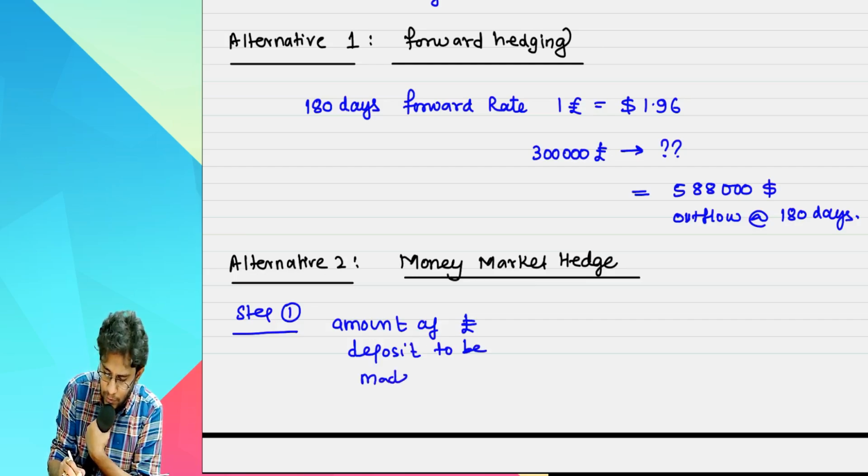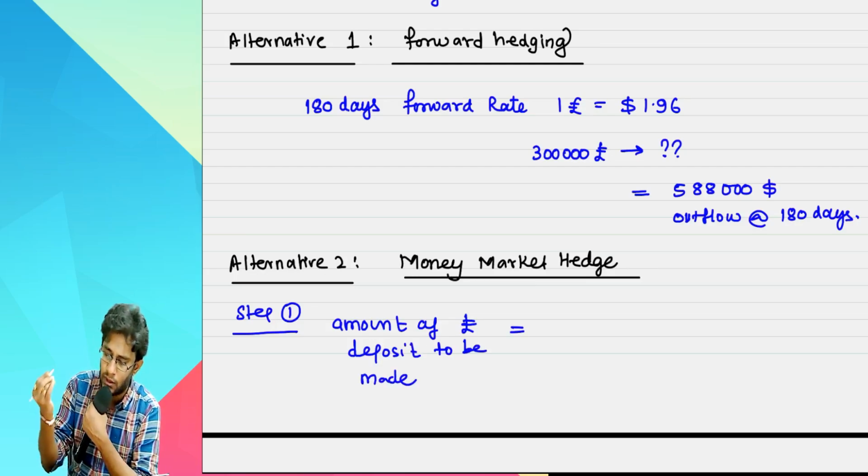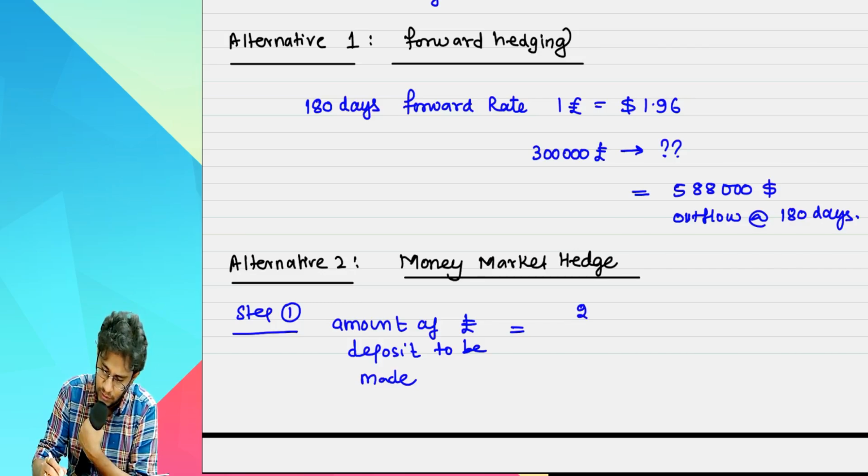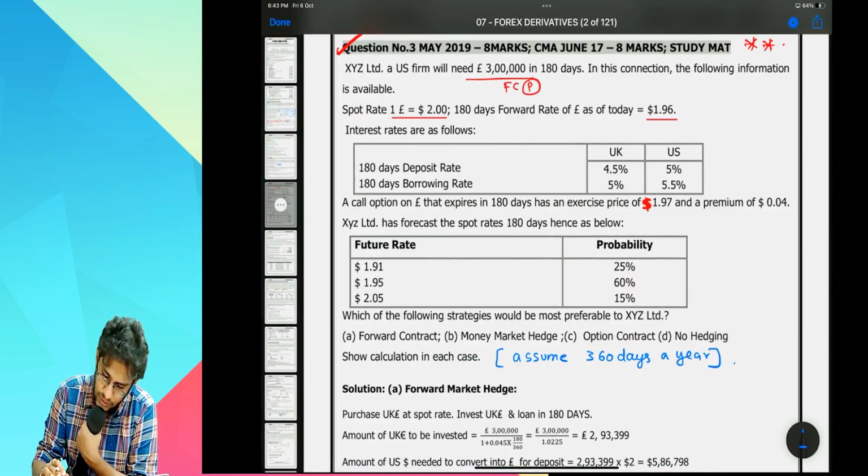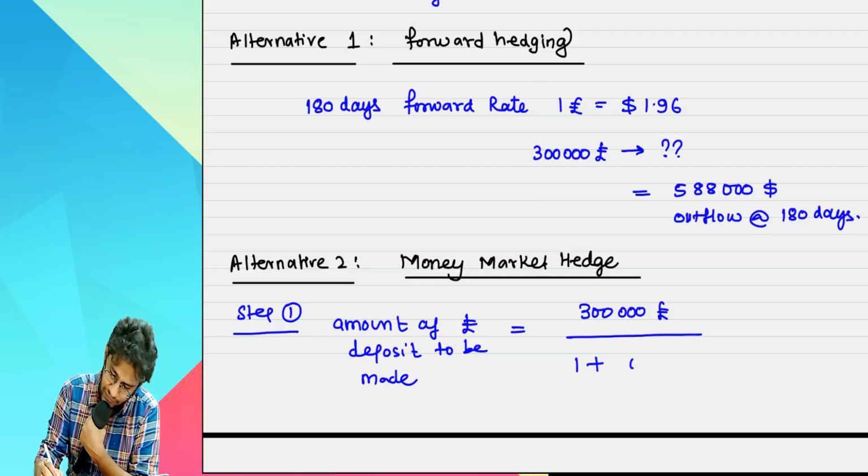Your goal is that the future value of the pound deposit should be equal to your FC payable, which is 3 lakh pounds, divided by 1 plus the pound deposit interest rate, 4.5%, 0.045.